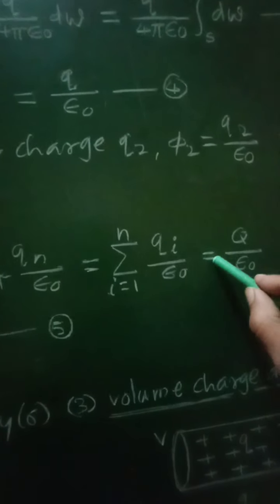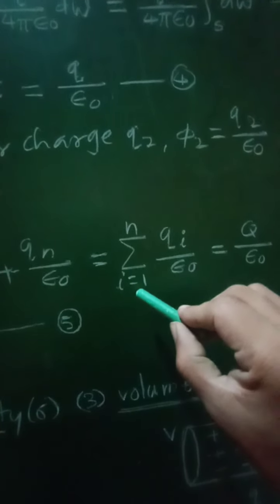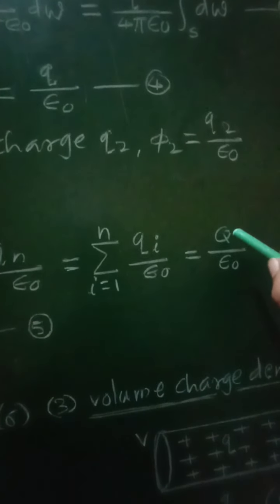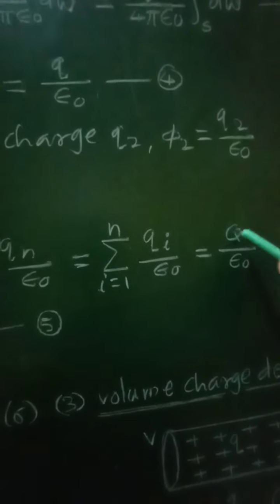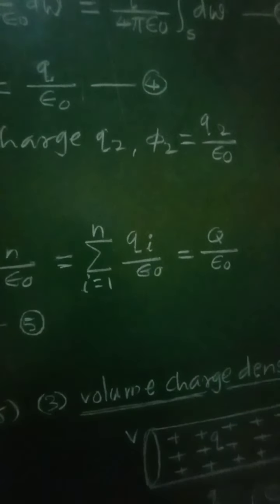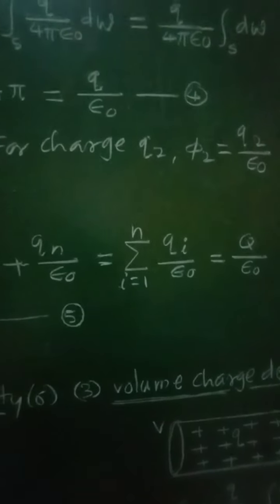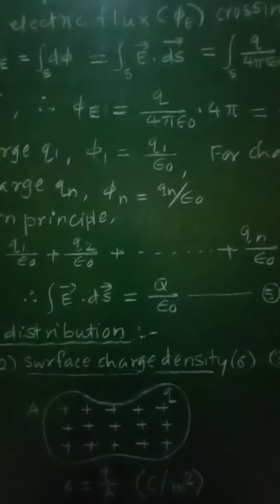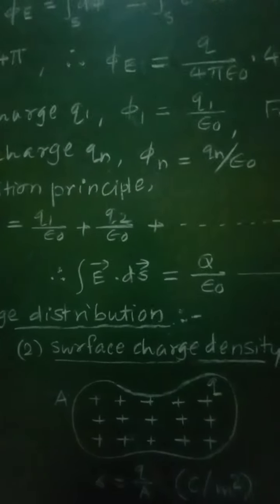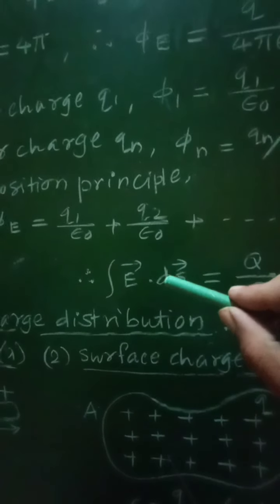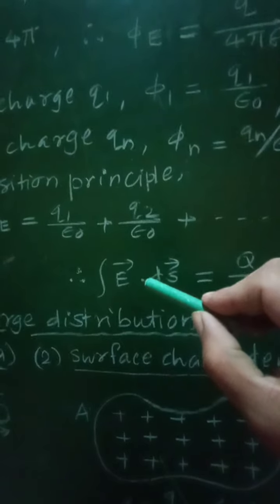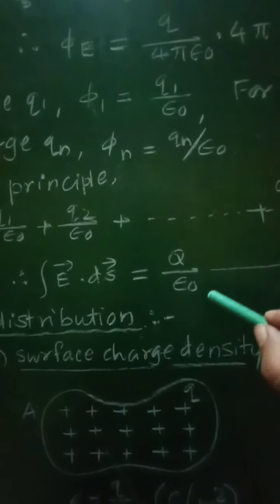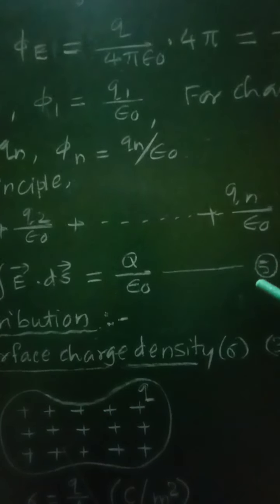Summation of qi is the total charge q, and therefore it will be q upon epsilon 0, that is the value of total flux due to the entire closed surface. Therefore we can write the integral of E vector dot dS vector equal to q upon epsilon 0, as equation number 5.